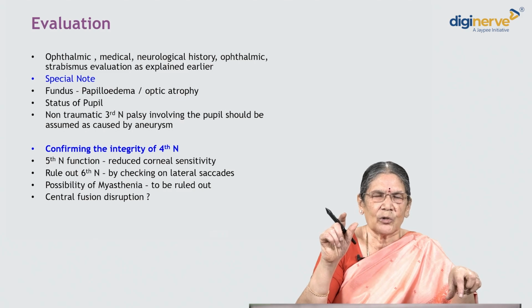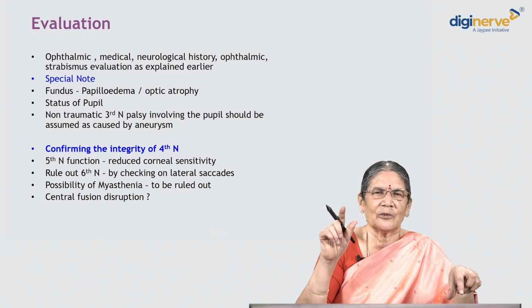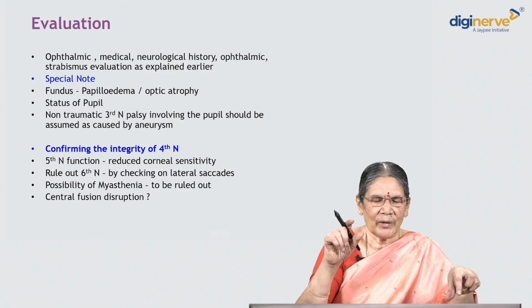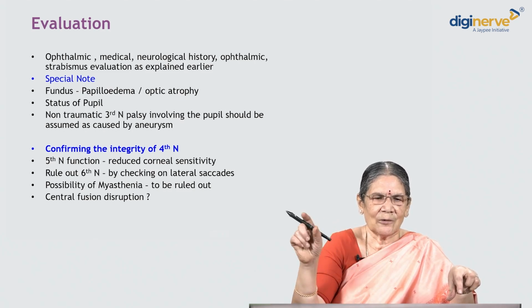In non-traumatic third cranial nerve palsies involving the pupil, always assume the cause should be an aneurysm and then start evaluating to confirm the diagnosis or to rule it out.